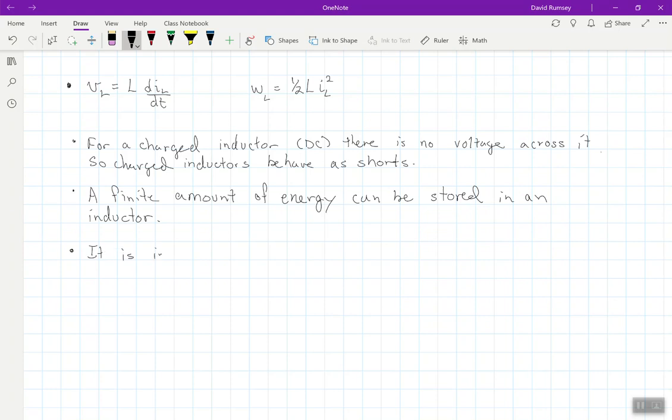It is impossible to have abrupt changes in the current for a charged inductor.